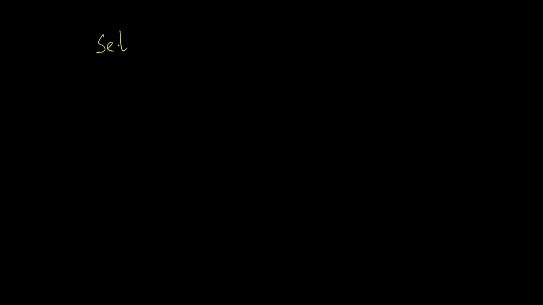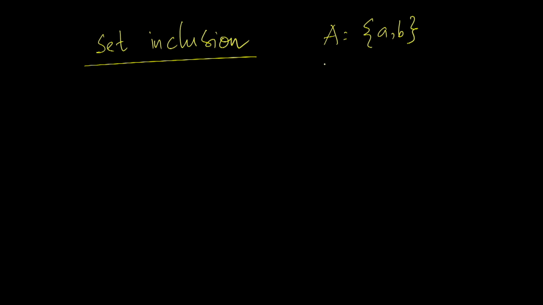Let us consider the example of set inclusion. We consider set A that consists of two elements a and b, and let us look at the power set of A, which is 2 power A. The members of 2 power A are A itself, singletons a and b, and the empty set, as we saw earlier.